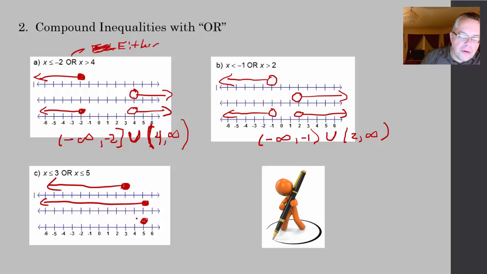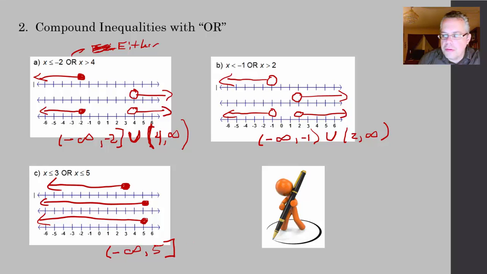So I'm going to put my solid dot there and go to the left. If I look up, every value in my bottom graph is on the top two graphs. Okay, this time it only has one piece. So for interval notation, that goes from -infinity up to 5 with a closed bracket.